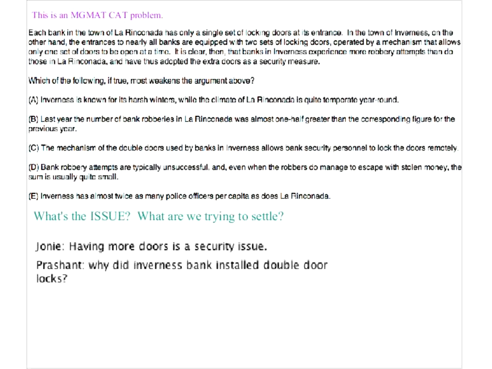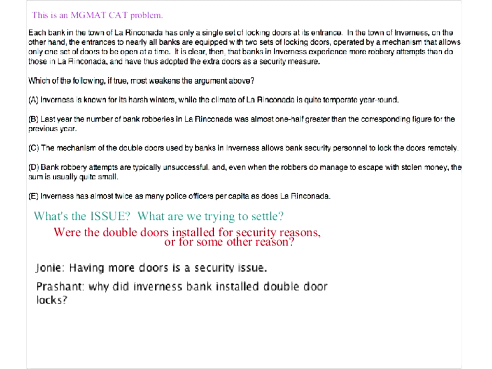The issue is, were the double doors installed for security reasons or for some other reason? And that's what we need to settle.